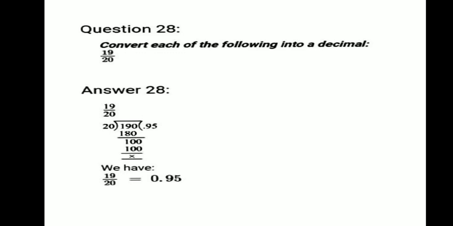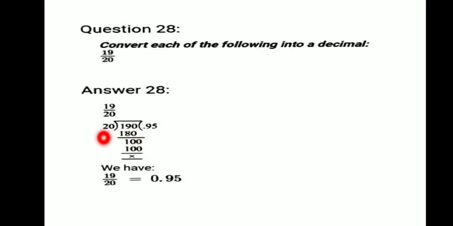Question number 28. Convert each of the following into decimal. 19 upon 20. When you divide 19 by 20, it is not easy to divide, so you have to put a point before dividing. You put a point and mention a 0 here, and you will get 190.